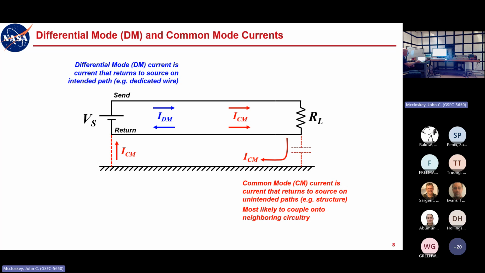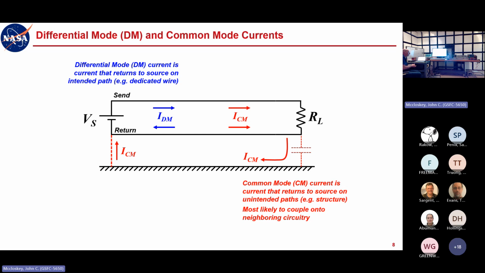And I'm glad I made those measurements to show that, okay, if you have a situation where you have something that's floating with respect to structure, which is fairly common, we do that sort of thing where we have a load that's floating with respect to the main spacecraft structure. Well, then if it doesn't have a good termination, or maybe there's not even really metallic structure nearby, then you're dealing more with an open termination.